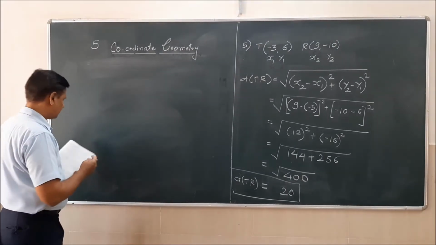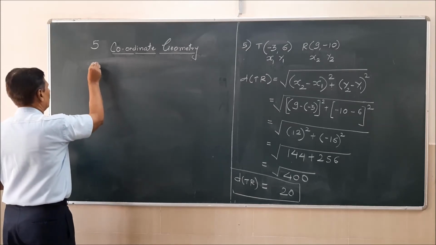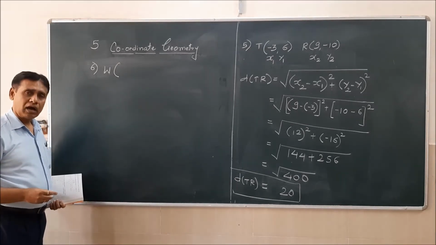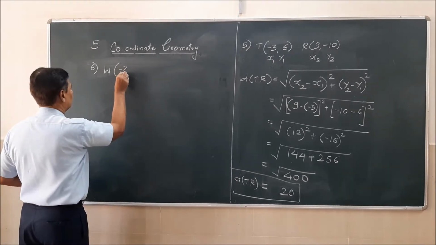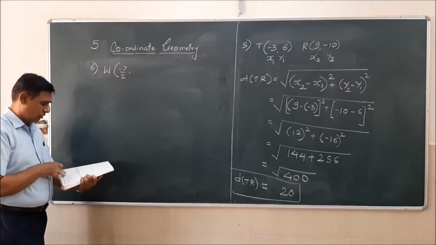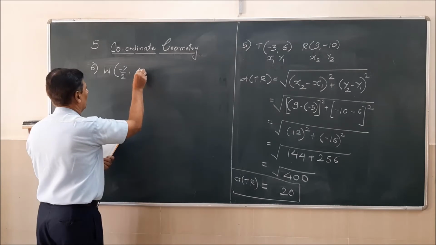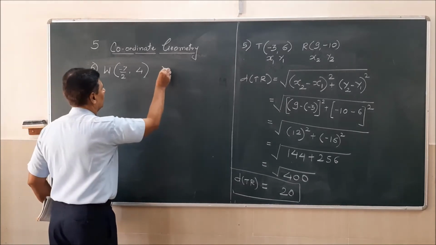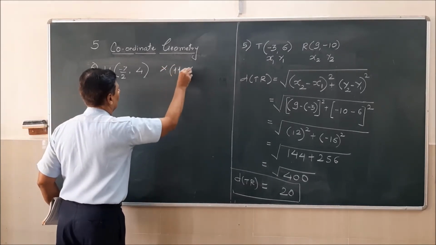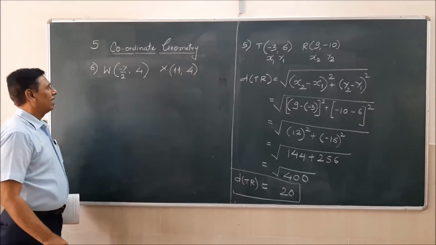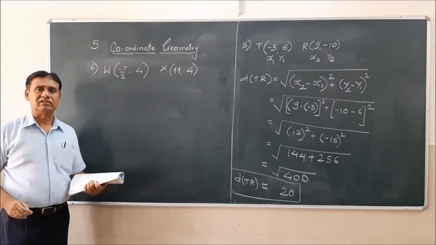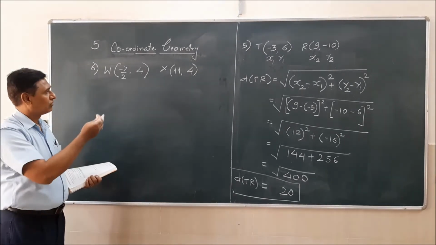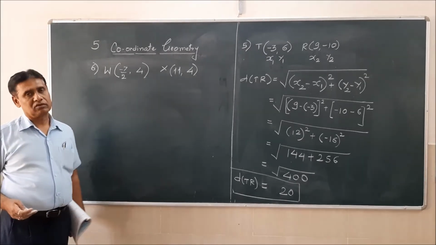So in question number 6, the coordinates of W are minus 7 upon 2, comma 4, while the coordinates of X are 11, comma 4. So I have written the coordinates of W as minus 7 upon 2, 4, while that of coordinates of X are 11, 4.